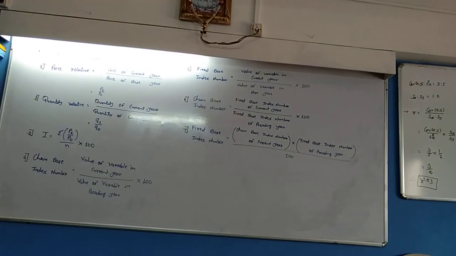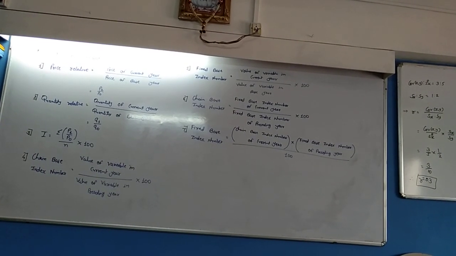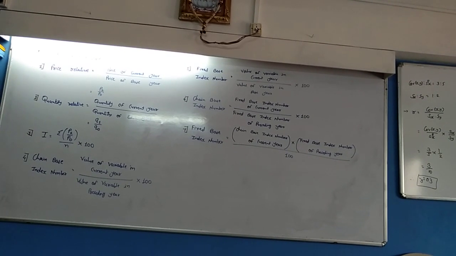CBIN convert to FBIN. FBIN is equal to CBIN of current year into FBIN of preceding year divided by 100.